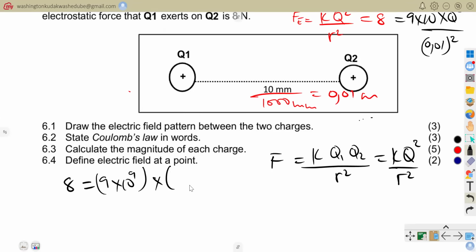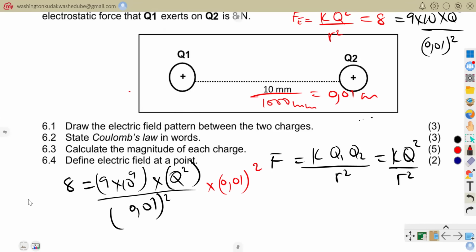To make it the subject, I will cross multiply by 0.01 squared.